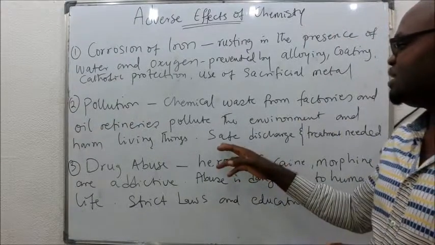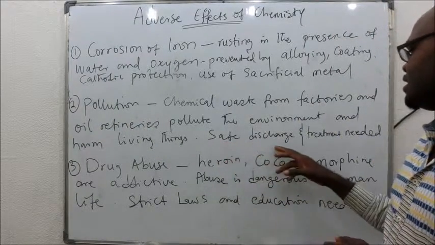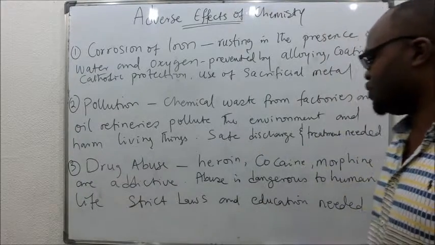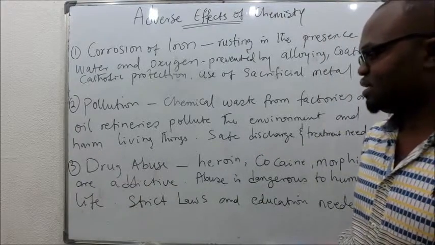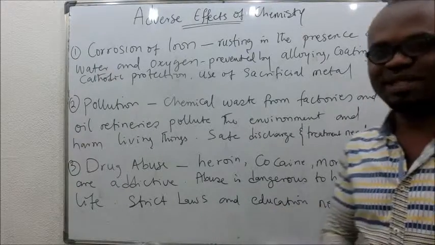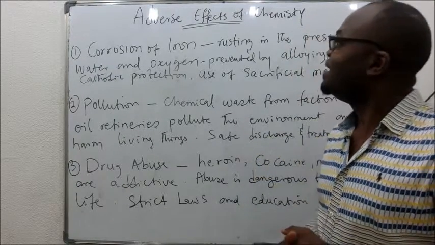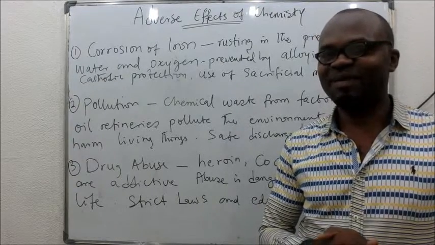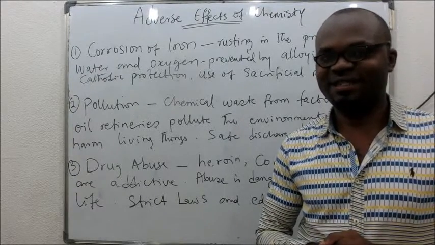By making sure that the waste is safely discharged and treated before discharging. How do we take care of drug abuse? By enacting strict laws and also educating the populace. So those are the adverse effects of chemistry and how they can be controlled or checked.